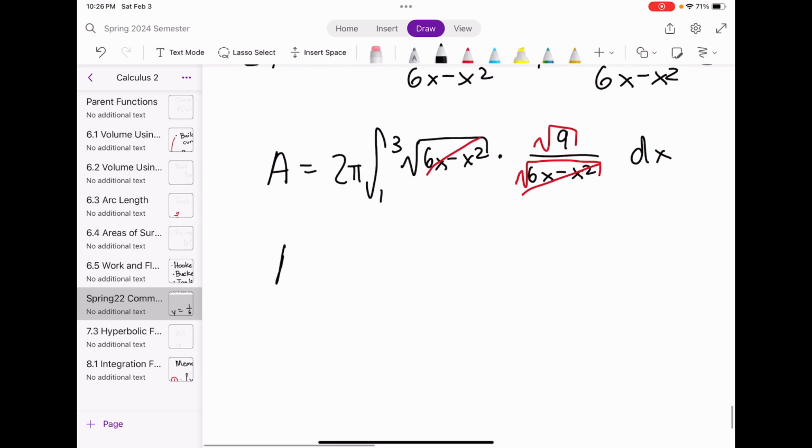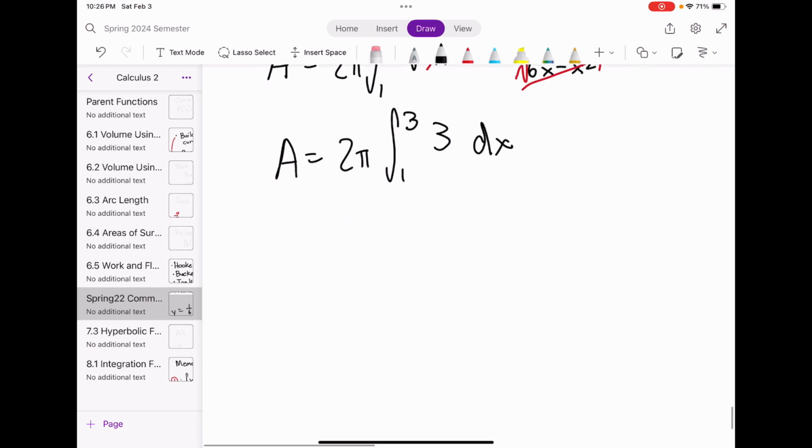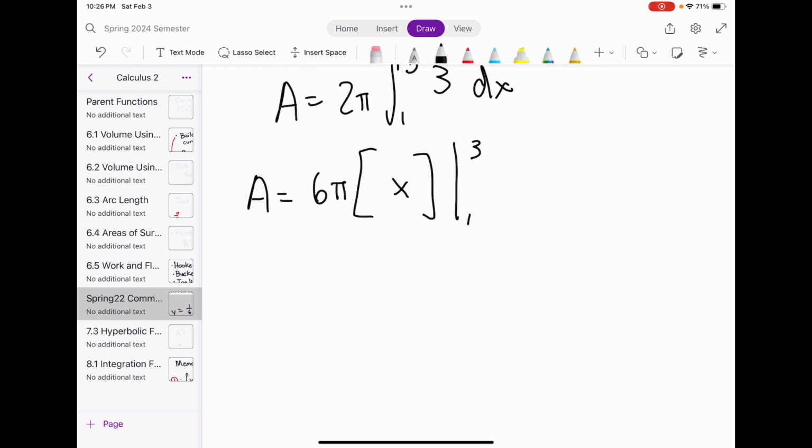So A is equal to 2 pi, the integral 1 to 3 of literally just 3 dx. So I'm going to pull up the 3 and just leave a 1 there. So 6 pi, evaluate it for x between 3 and 1. I'll skip the math. It's 3 minus 2 is 1.